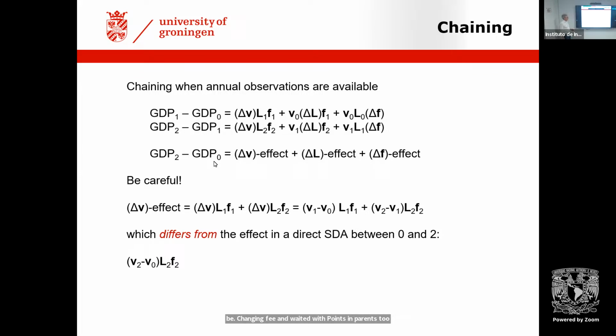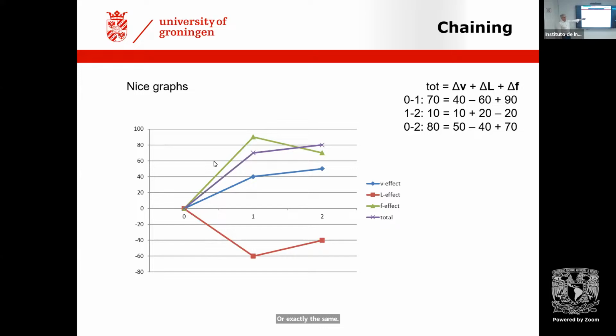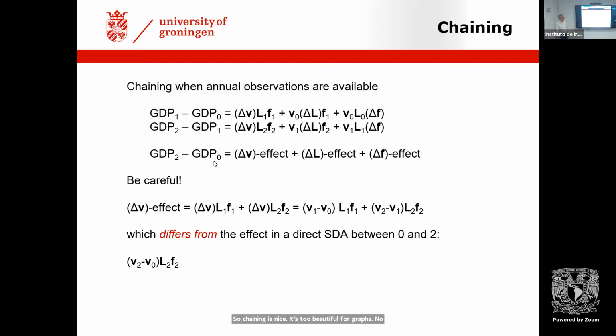So there is a clear difference between V2 minus V0 times L2 F2 and the summation of these two. It would be pure coincidence if these two taken together were exactly the same as this. So chaining is nice, leads to beautiful graphs, fantastic, great, no problem, but be careful.